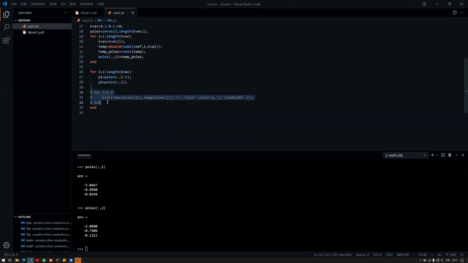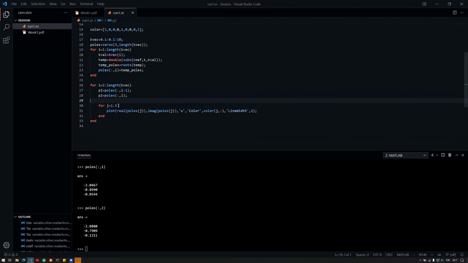But I have to cycle through the elements because I have a certain order, which is 3 in this case. So I will look for each. So let me start with this one here, by the way. I will start with each row. So take the first row of P1 connected to P2.